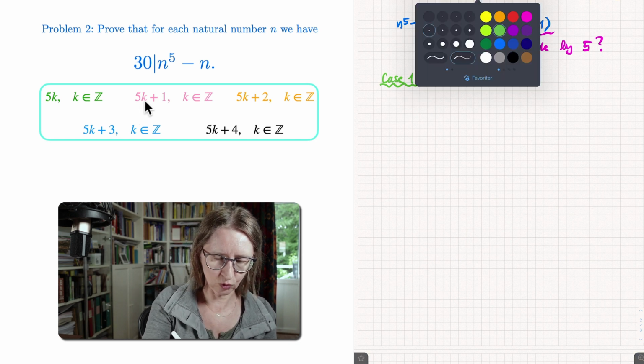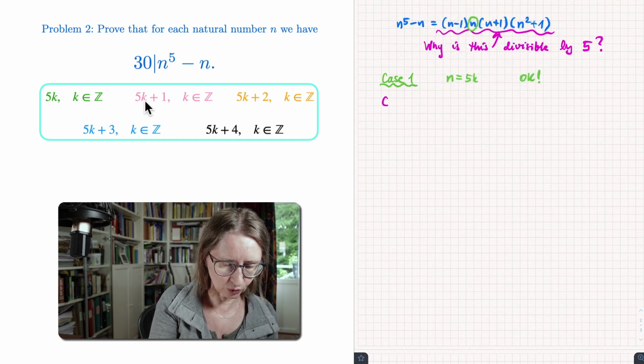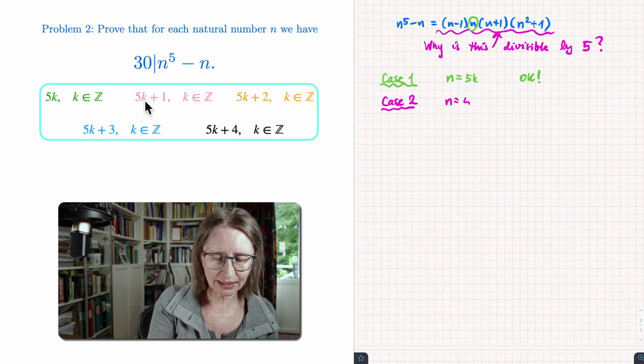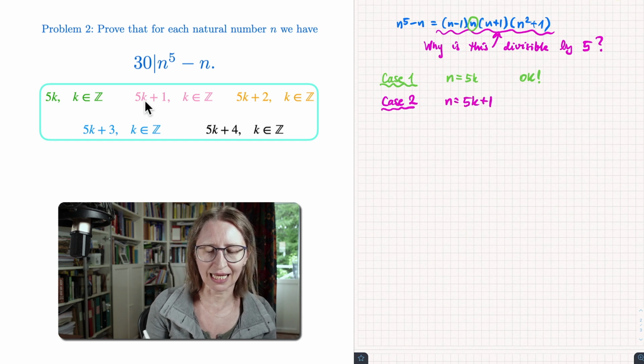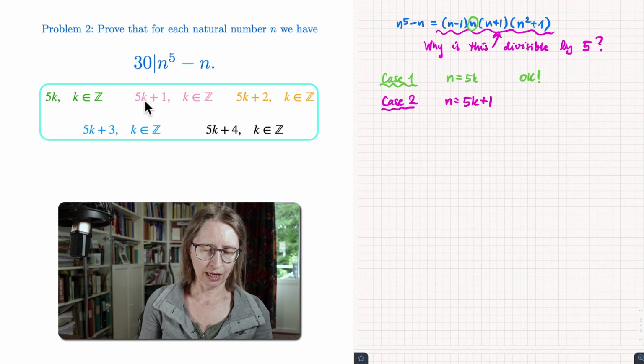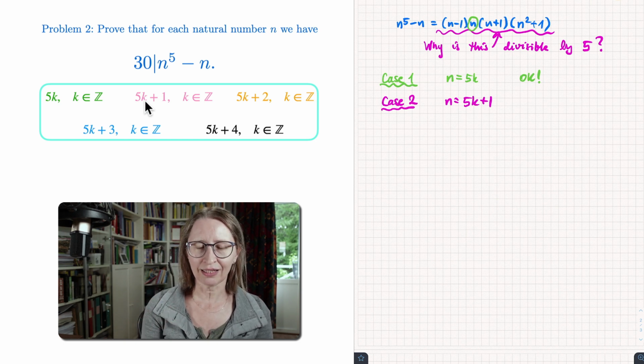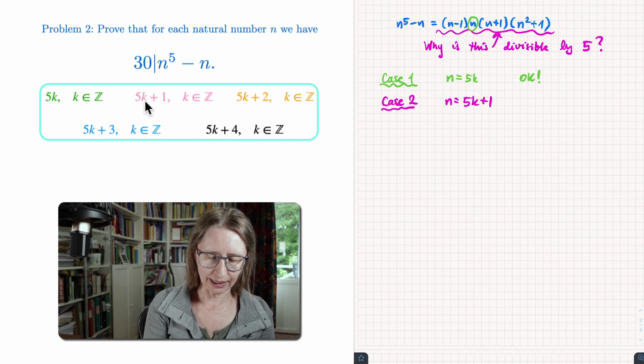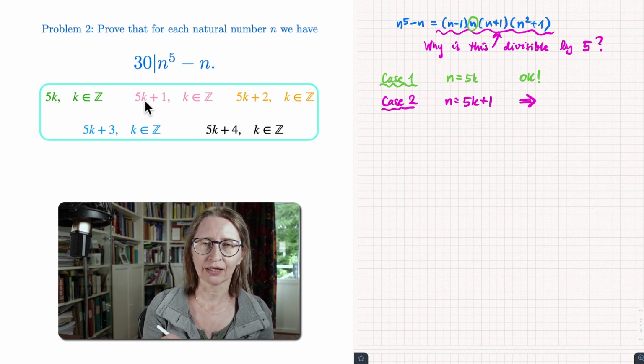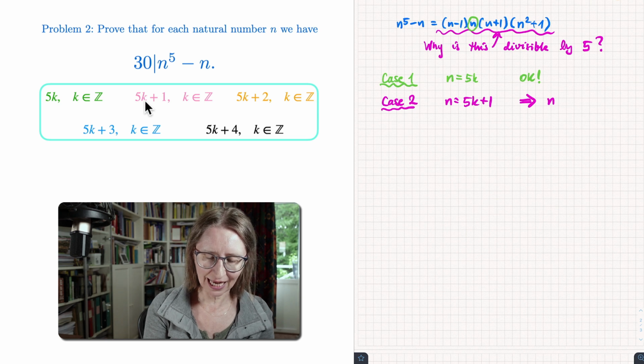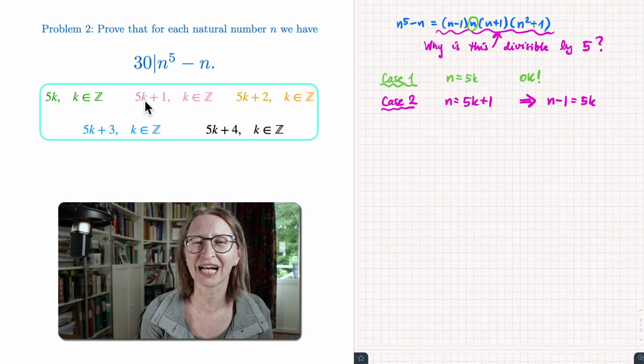Now, case 2 is if n is of the type 5k plus 1, right? Then what happens now? If n gives remainder 1 in division by 5, then n minus 1 is divisible by 5, right?